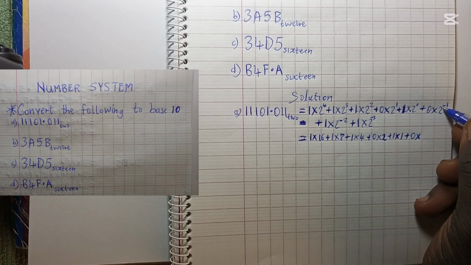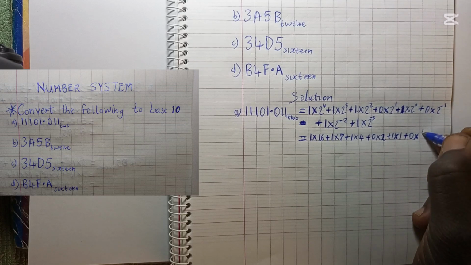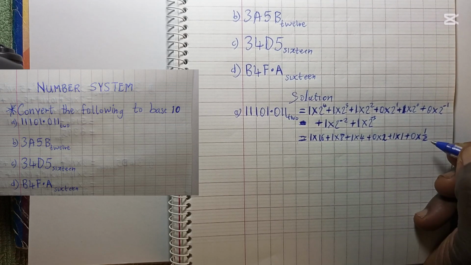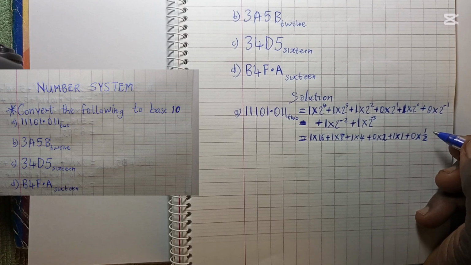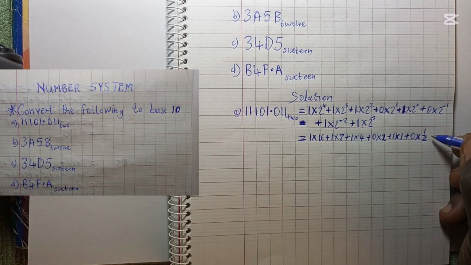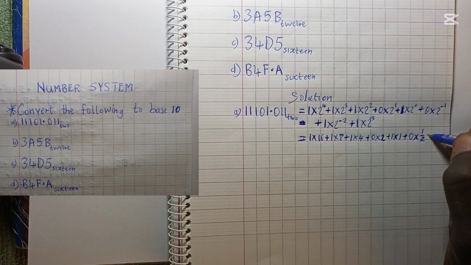0 times 2 raised to a negative index will turn to 1 all over 2. Remember one of the laws of indices: a number raised to a negative index is equal to the reciprocal of that number. So 2 raised to power minus 1 will give us 1 over 2.